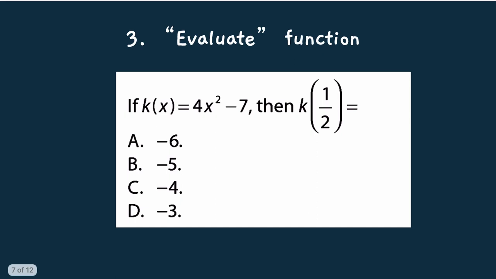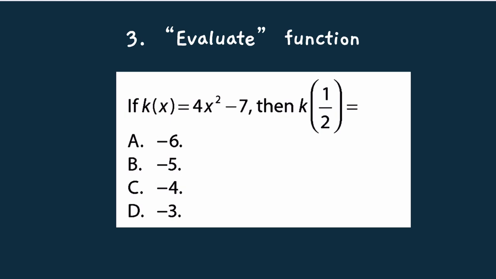So next, an important keyword in the GED paper is evaluate functions. What does evaluating mean? Evaluating functions means we substitute the value of x to find the value of y. Look at this one.